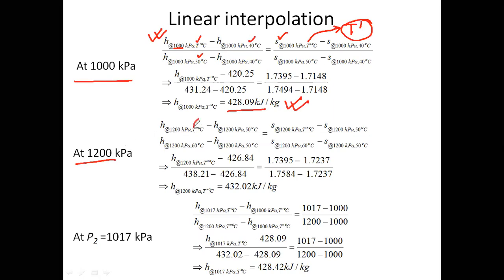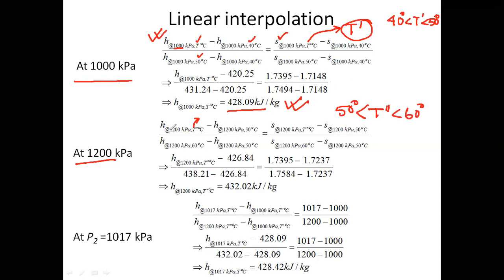Now this is T double prime. Remember that T double prime is again different from T prime because T prime is between 40 degree and 50 degree centigrade, but this T double prime is between 60 degree centigrade and 50 degree centigrade. So this T double prime and T prime, they are different.